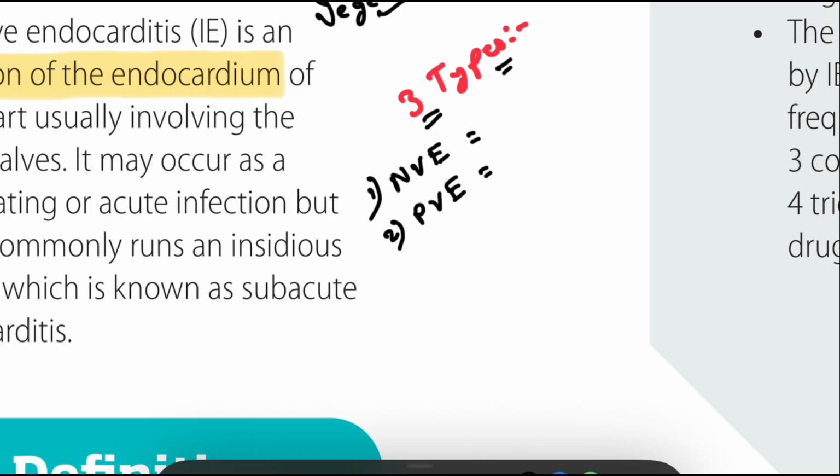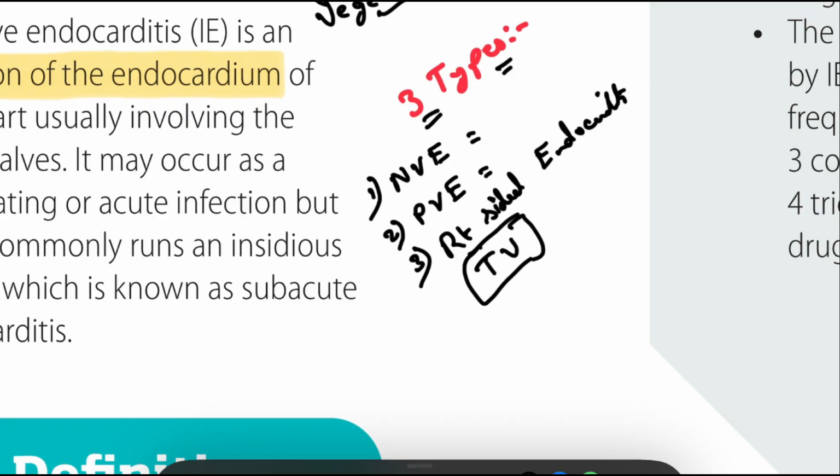It occurs in patients with artificial valves, early, less than 1 year after surgery, or late, more than 1 year after surgery. The third type is right-sided endocarditis, which is common in intravenous drug users and usually affects the tricuspid valve, mostly because of drug abuse.